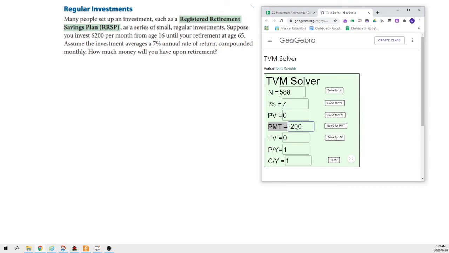Deposits are $200. They're done monthly, and the interest is compounded monthly. Solve for the future value. So at retirement, you will have just over $1 million.